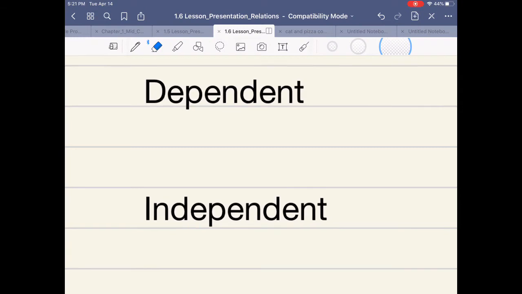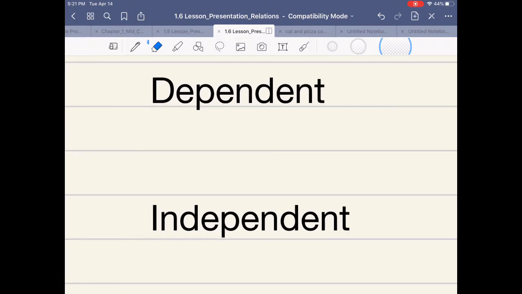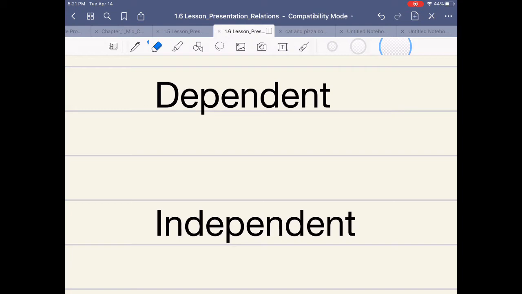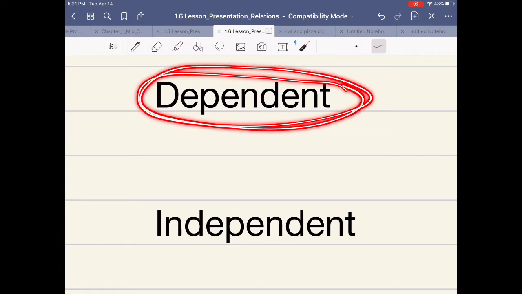So let's talk about the two words, dependent and independent. For right now, let's not think too much about the math words. Let's talk about the words in terms of just everyday use. So let's talk about people. When someone's dependent, that means that you depend on somebody else for either shelter, food, or any other kind of thing.